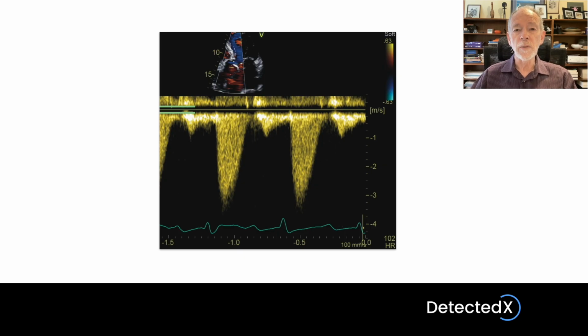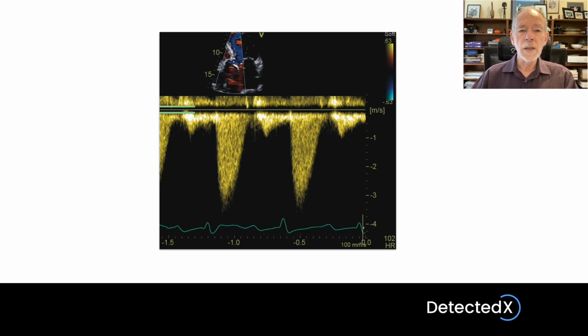Notice also that the vertical scale is calibrated in meters per second, not centimeters per second as we saw in the past. The reason is that this is an extremely high velocity. In fact, the peak velocity is around 3.5 meters per second, which is 350 centimeters per second. Now, two other things I'd like to point out here.